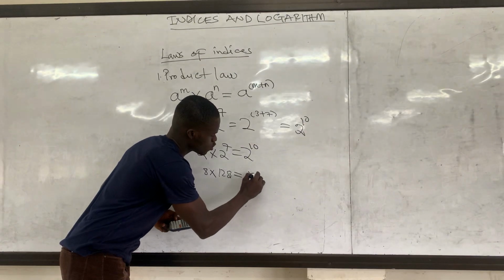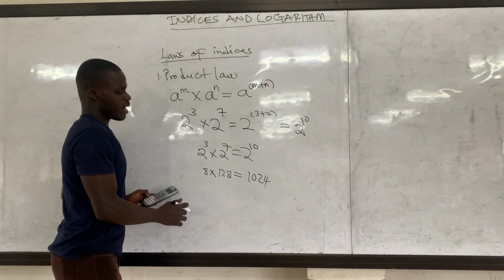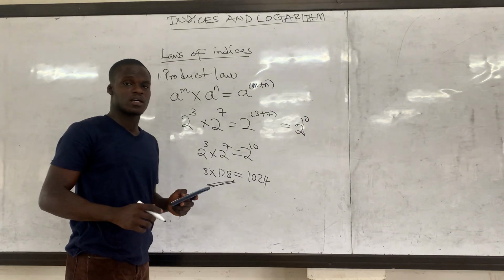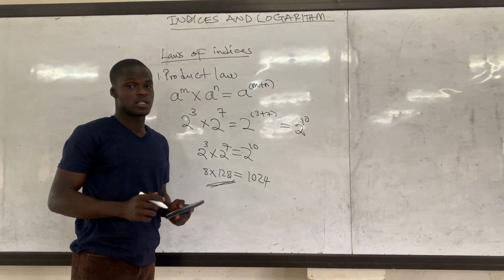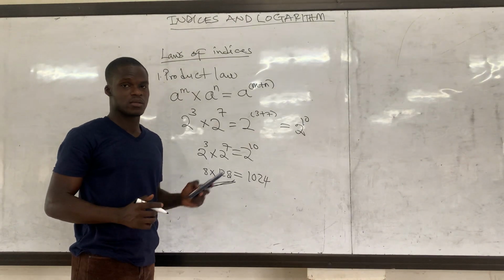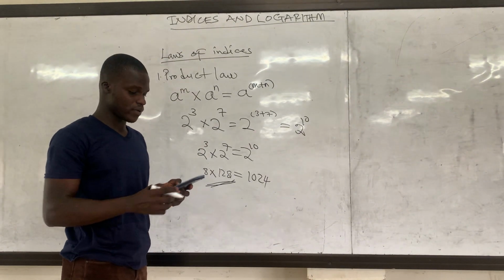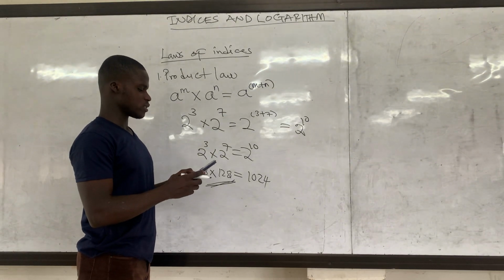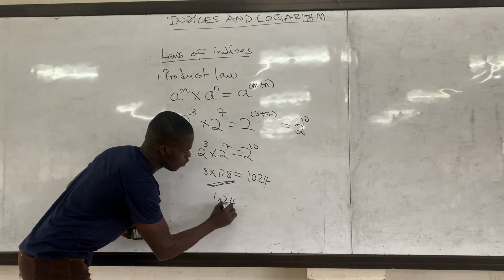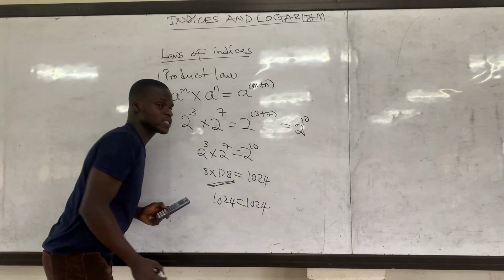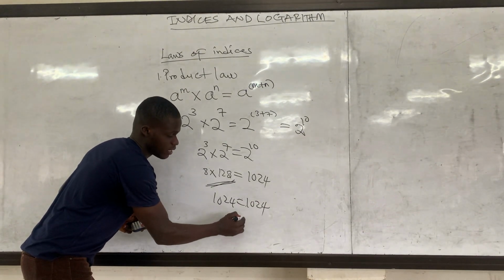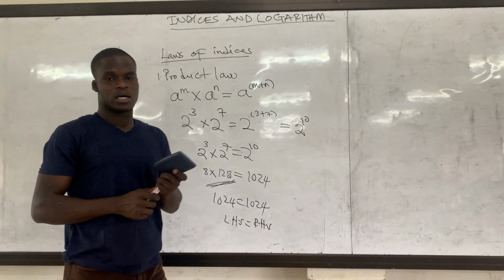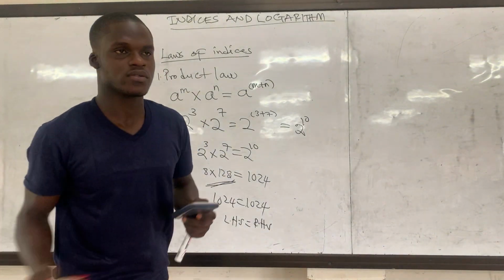That's 1024. So now we have to check, is this the same as 1024? Yes, 1024. If that is the case, then it means that what we've done is correct. So 8 times 128, that's 1024 equals 1024. So since the LHS, or the left hand side, is equal to the RHS, the right hand side, it means that our law is correct.